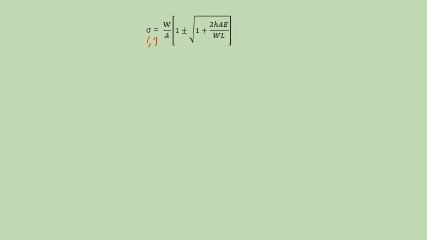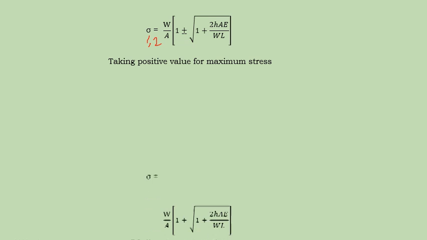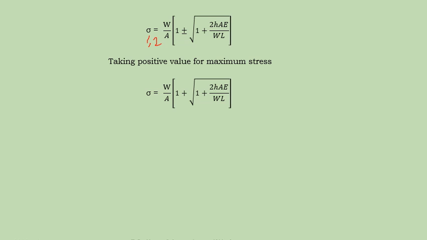Therefore the above equation becomes W by A into 1 plus or minus root of 1 plus 2HAE divided by W into L. If we take the positive value for maximum stress, we are only considering the positive value. Therefore sigma 1 is equal to W by A into 1 plus root of 1 plus 2HAE divided by W into L.